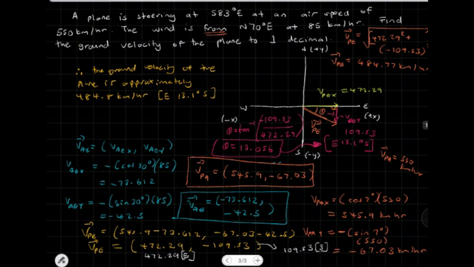Instead of writing 13.1 degrees south, you can also utilize this value here, right? So you can also use 90 minus 13.1, which is basically 76.9 degrees, right? Or you can say south 76.9 degrees east. Okay, so you can use either of these directions, but that's your ground velocity of this.